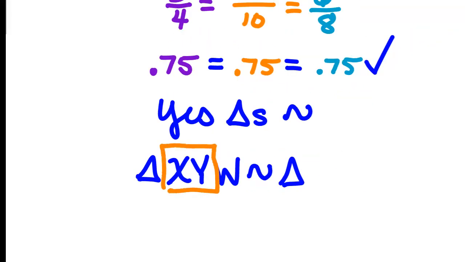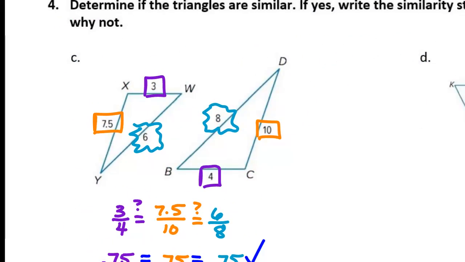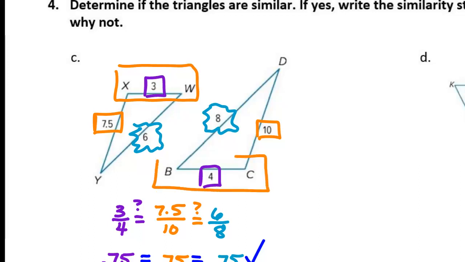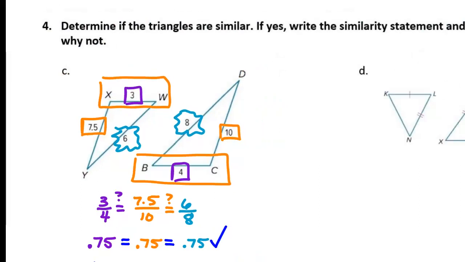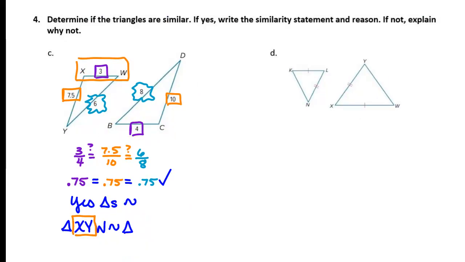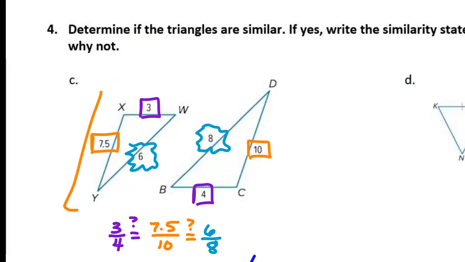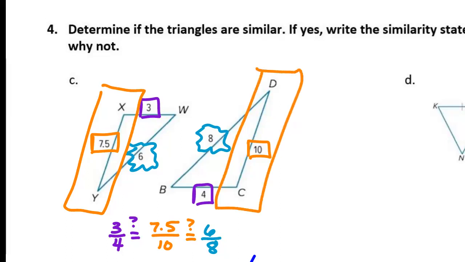So the first 2 letters here are XY. That side I have a little purple square around. That one corresponded with BC down here. Or sorry, no, I circled XW. We did XY first. My apologies. First 2 letters are XY. So that would correspond here to DC.